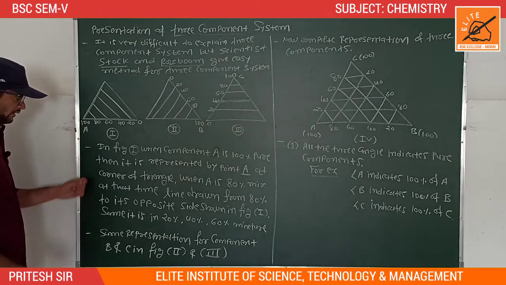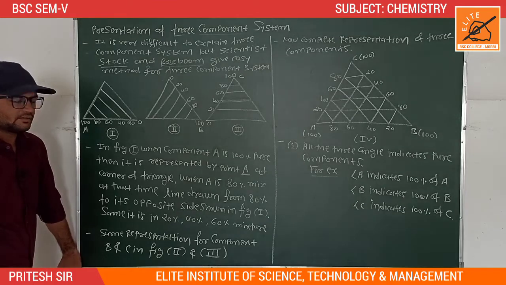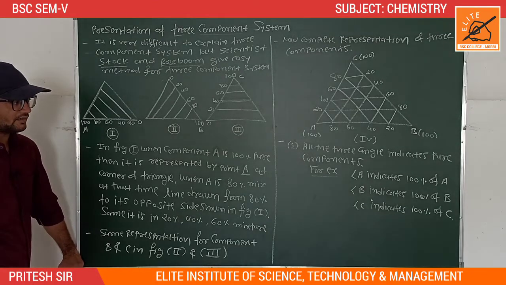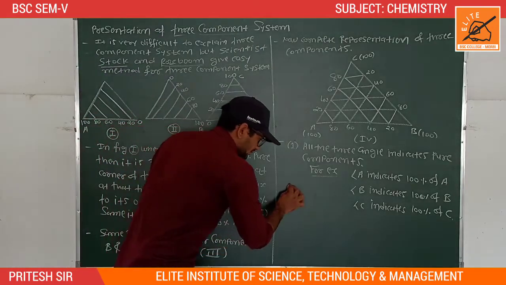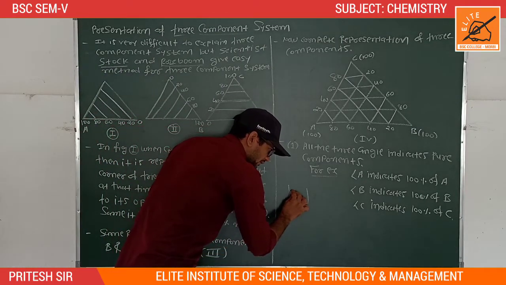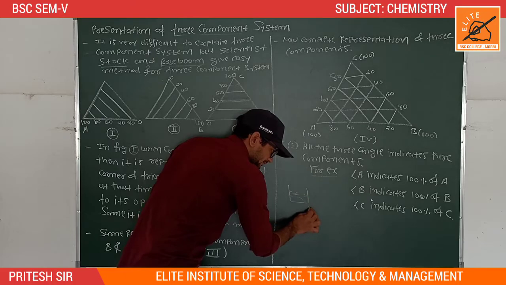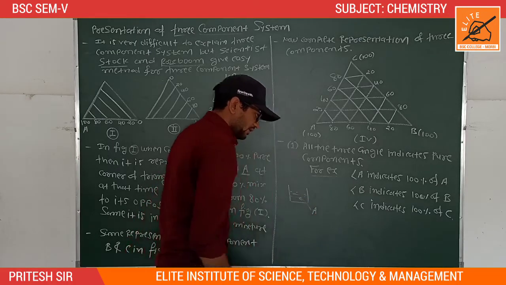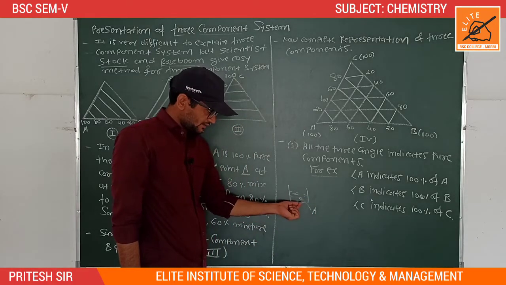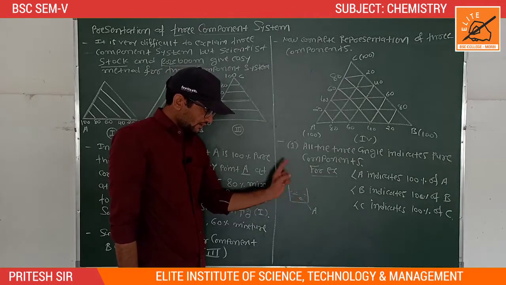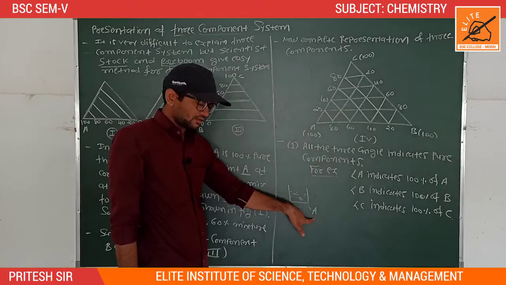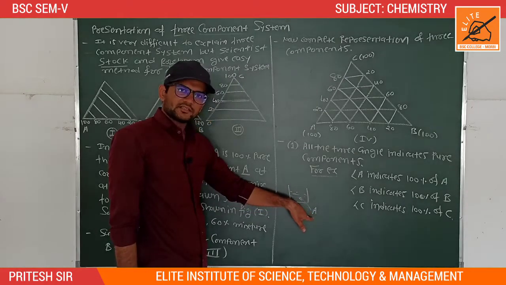It means if only A is present in your system, suppose in a beaker you have only one component, that is A, then the composition is 100%.